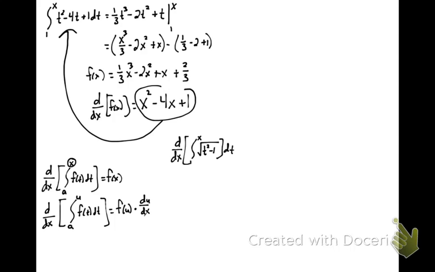The derivative of the integral is what you get when you substitute in our upper limit, in this case x. So I'll have the square root of x squared minus 1 times the derivative of that upper limit, in this case 1, which doesn't change anything, so we end up with the square root of x squared minus 1.